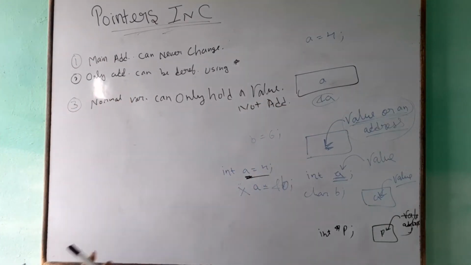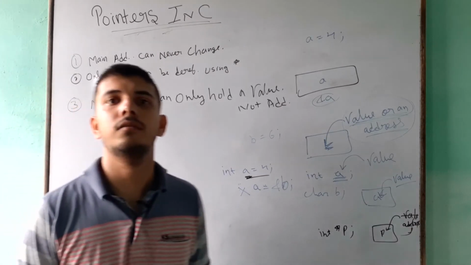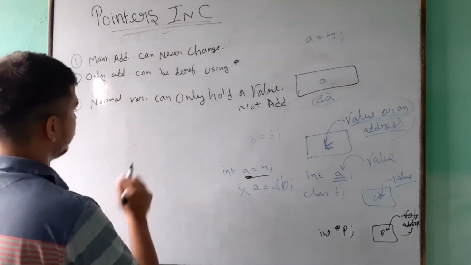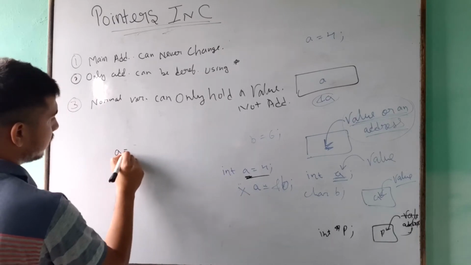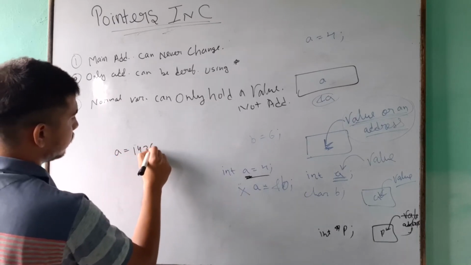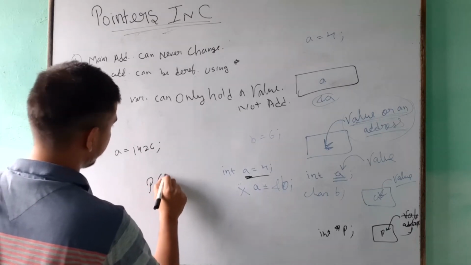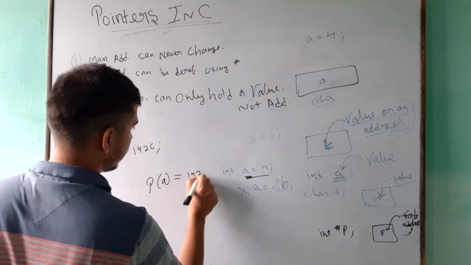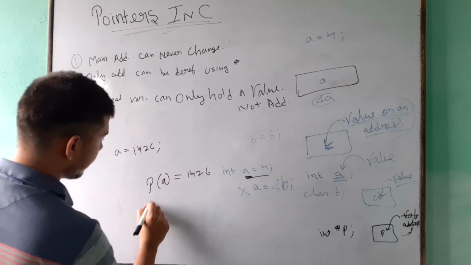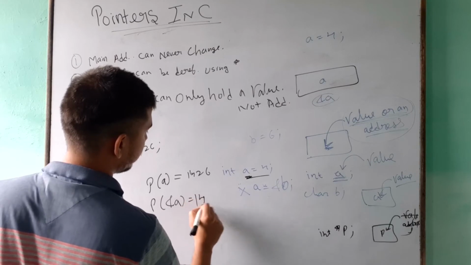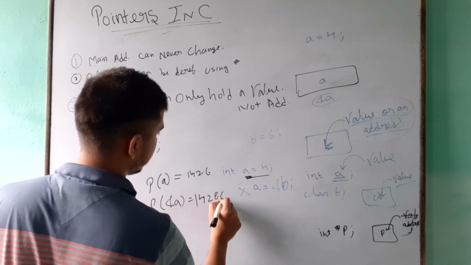Now this is something different which I am going to tell you, but keep in mind that when I am writing a, I am assigning it, let's say, 1426. If I am printing a, it will give me 1426, right? And if I am printing the address of a, it gives me something like 142862.